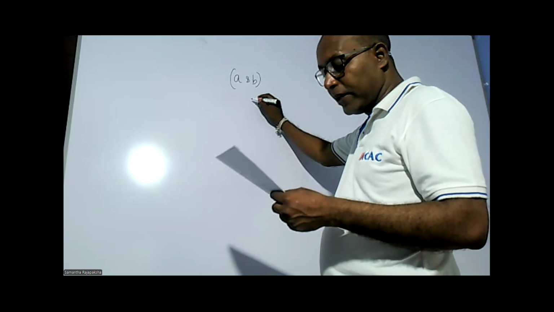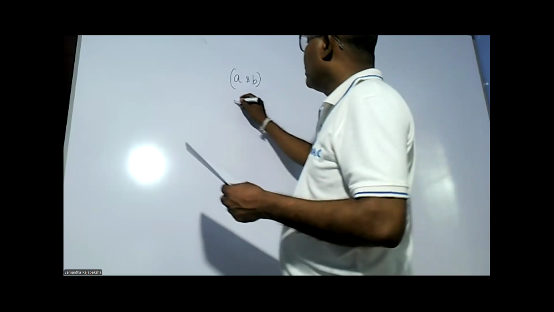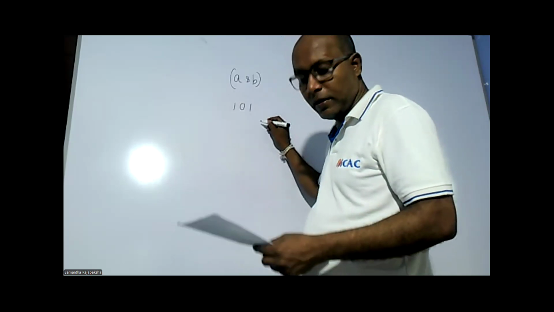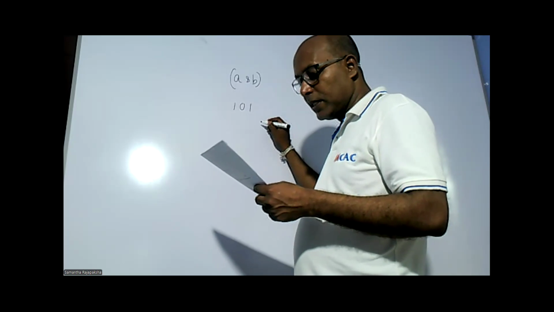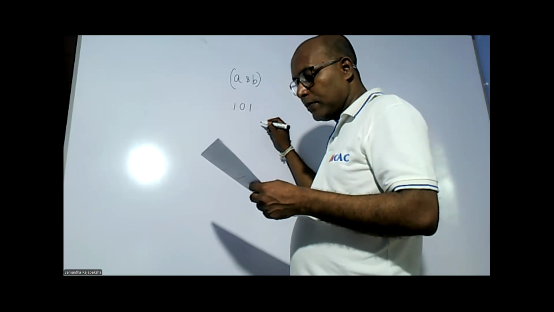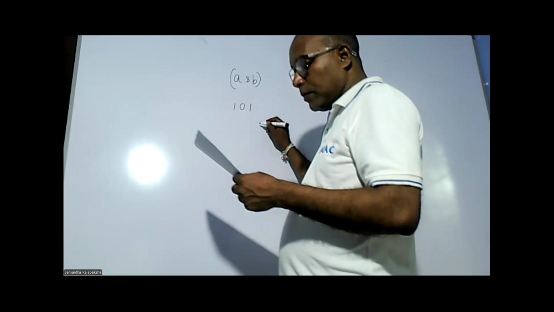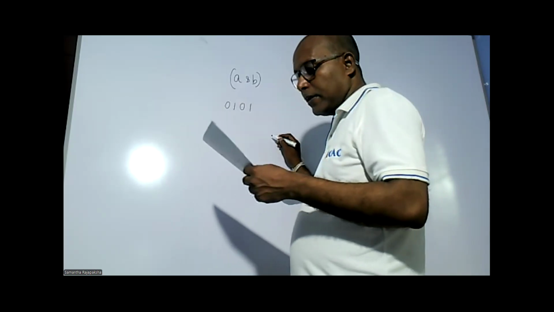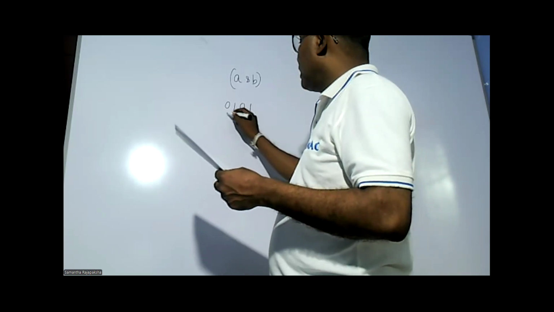Now this is a bitwise AND operation. 5 means 101, because 4 bits they have given, and 3 means 0011.